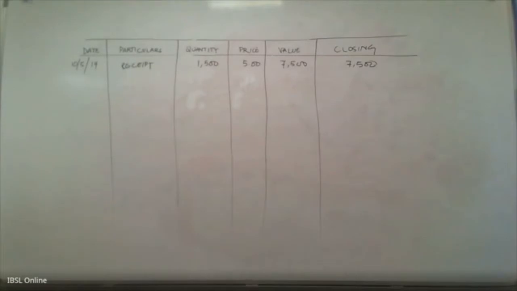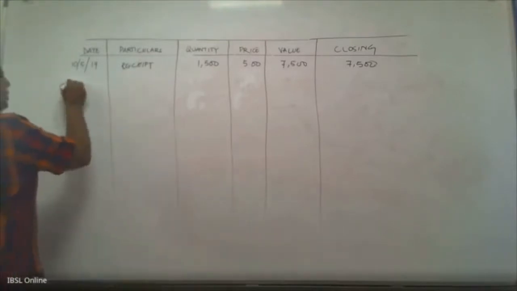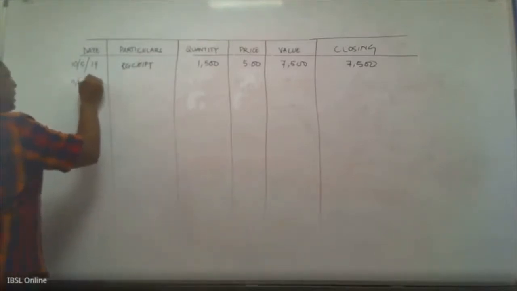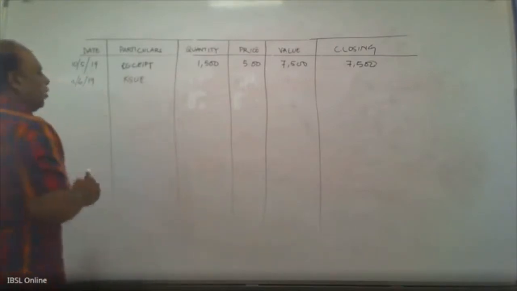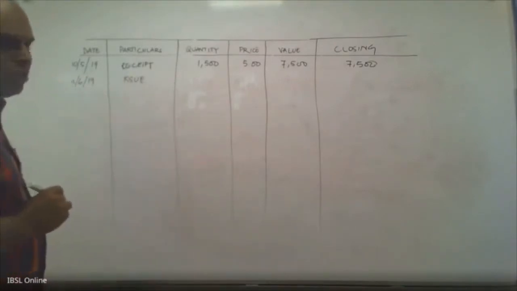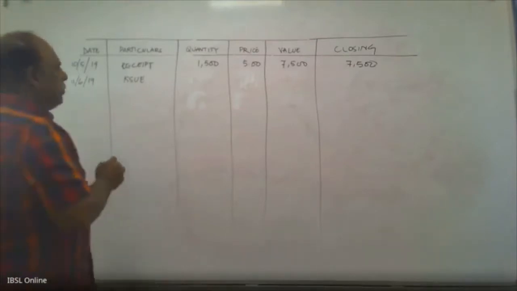If you go to the issue part of it, you see on 11th of June, they have issued 1,200 units. Now, 11th of June 2019, issue. How much have I issued? 1,200 units. Now what do I do?